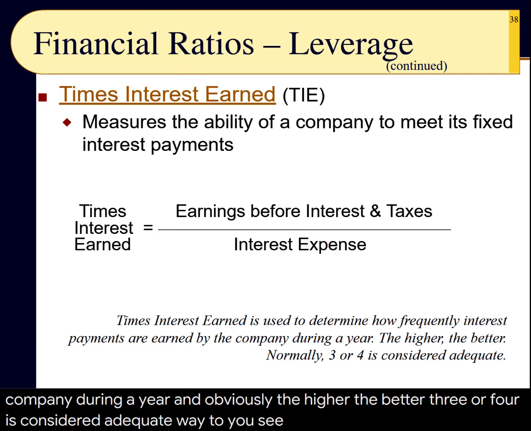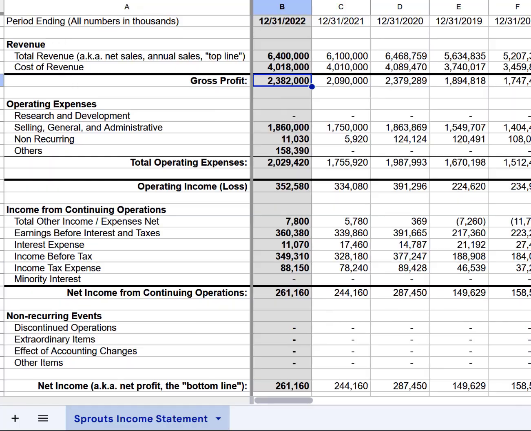Where do you see Sprouts Family Market? We go to the earnings before interest and taxes of $360 million, and we see that their interest expense is $11 million. If you do that calculation, you get 32.5.